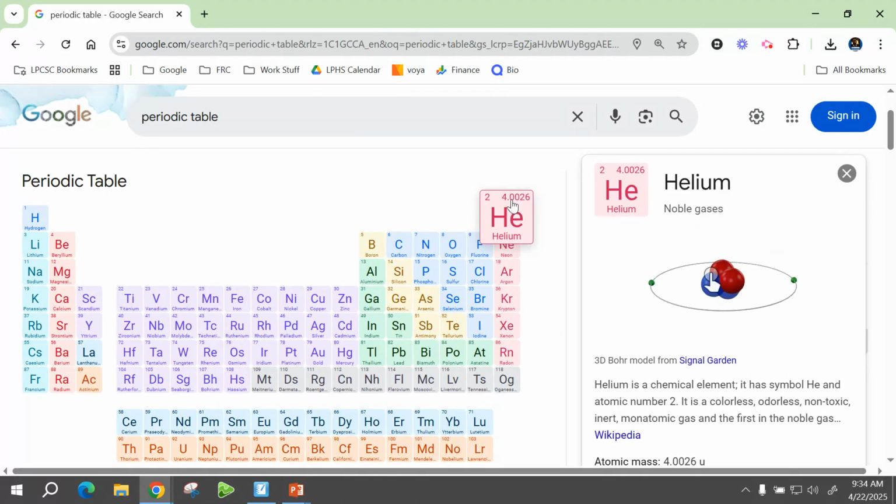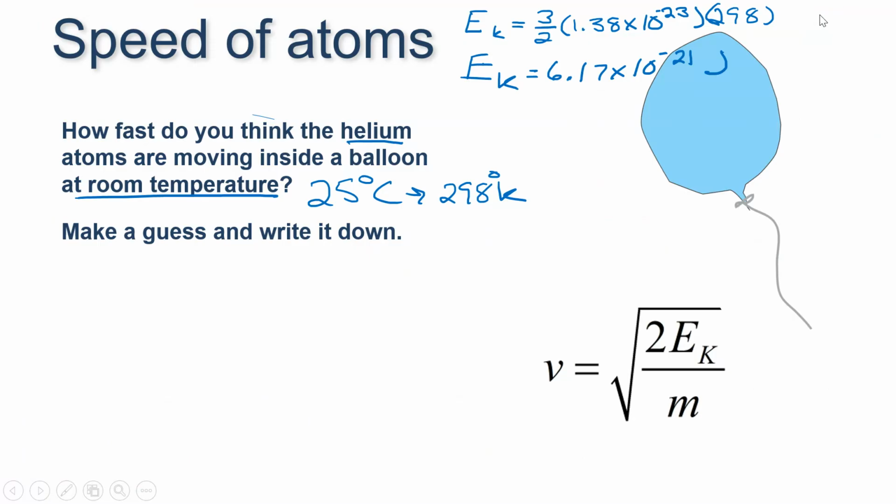So what I'm going to need to do is use that number, which is grams per mole. So there's 4 grams per 1 mole. All right, so let's do that over here. I need to convert that to atoms. So I have 4 grams, and where that comes from is the periodic table. We looked up helium, and there was a 4 right there. 4 grams per 1 mole.